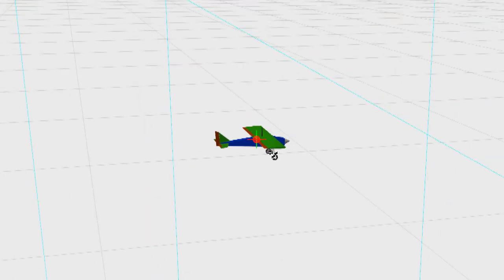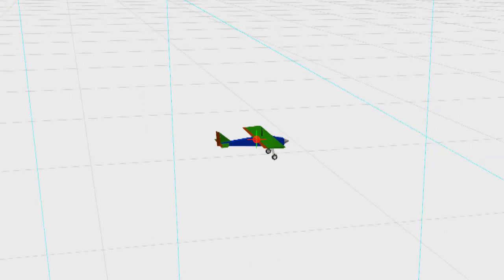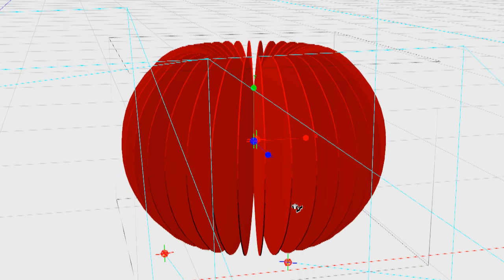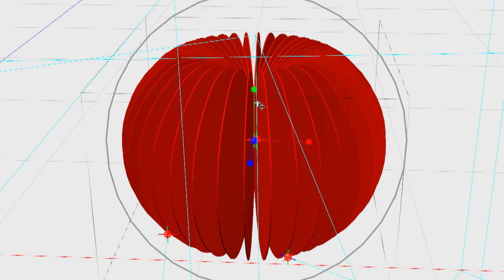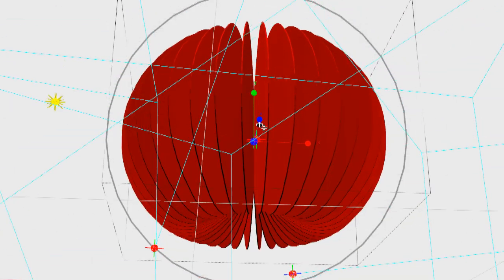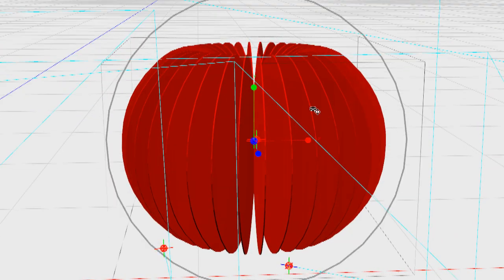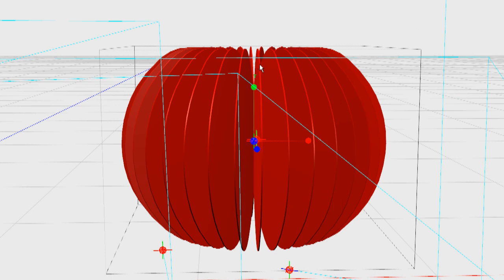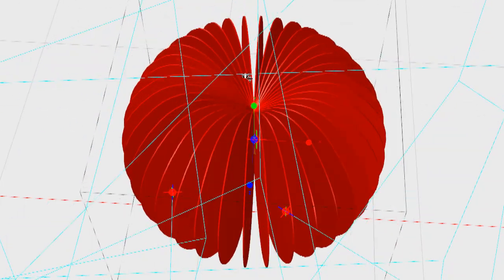So let's have a look at the typical pattern for this particular antenna, which we'll start with, and it looks like that. Again, this is taken directly from the specifications, and a 0 decibel gain antenna would be a perfect sphere. So in all directions it would be a perfect sphere.